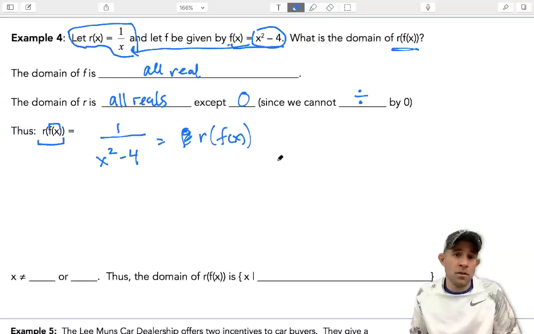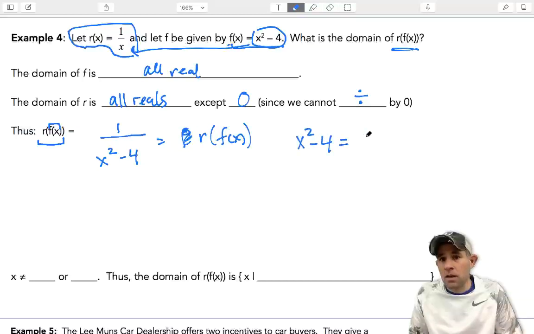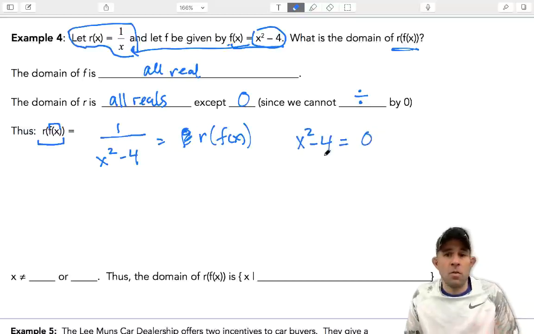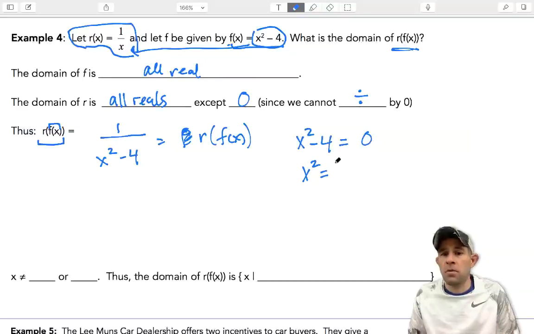And now evaluating the domain, remember, we cannot let our denominator, x squared minus 4, equal 0. So what values of x would make this x squared minus 4 equal to 0? Well, let's solve for this. You get x squared equals 4, you bump your 4 over, take the square root, and x would be equal to plus or minus 2.